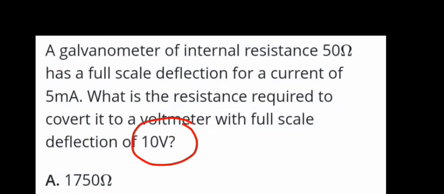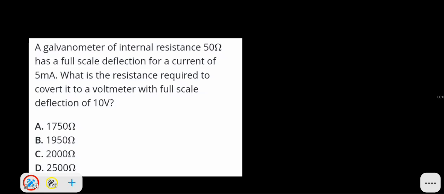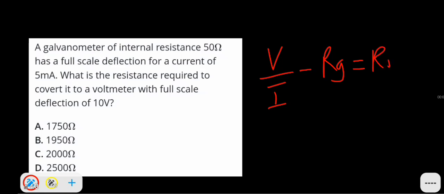So this is V, this is Rg, which is the internal resistance of the galvanometer, and this is I. If you write the formula for galvanometer to voltmeter, you get V over I minus Rg equals Rm. I'm looking for Rm because we are told to find the resistance required to convert it to a voltmeter.